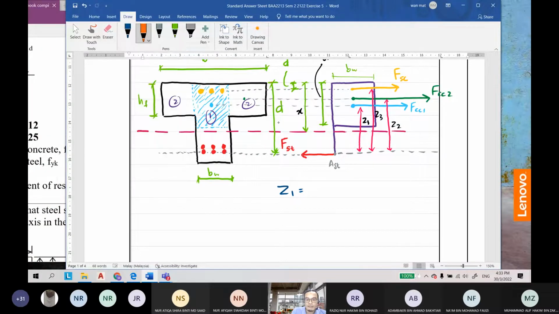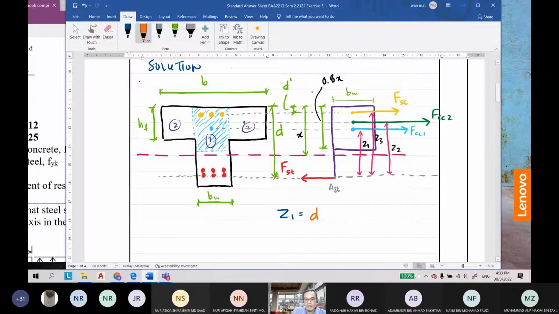From top to here is D. We want to calculate from FCC1 here. We have 0.8 x, but here is the center. Center means from the top to here is half, which is 0.4 x.